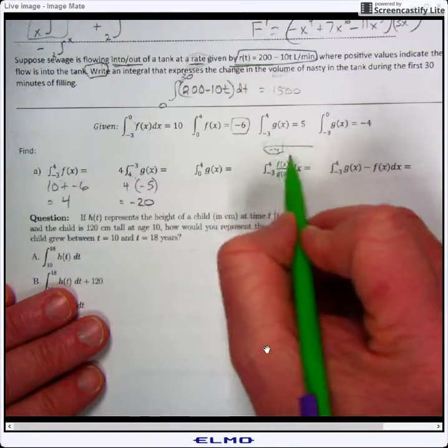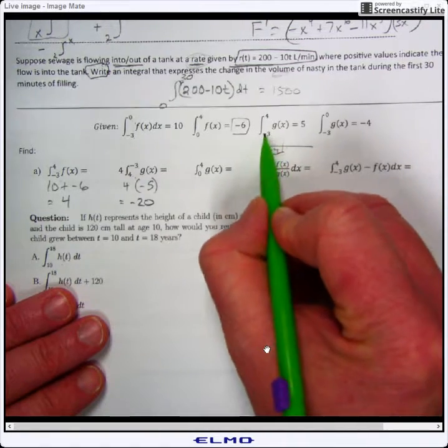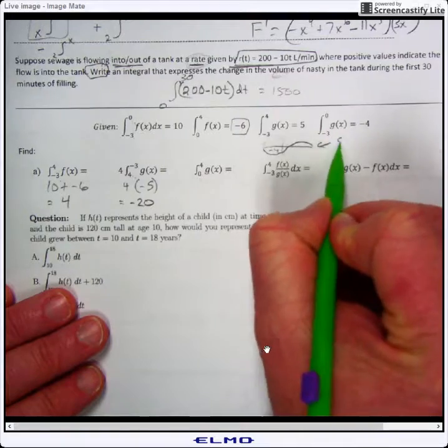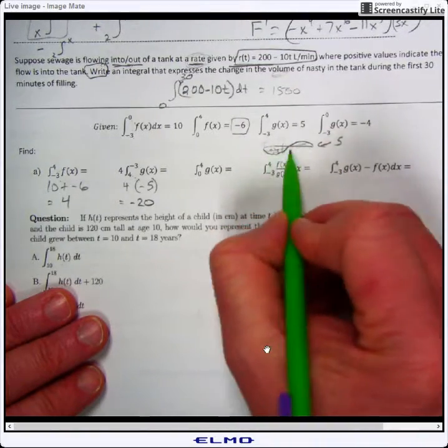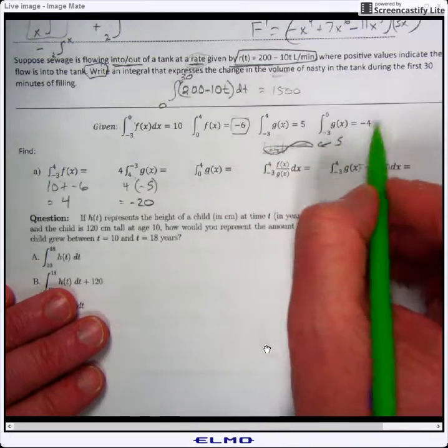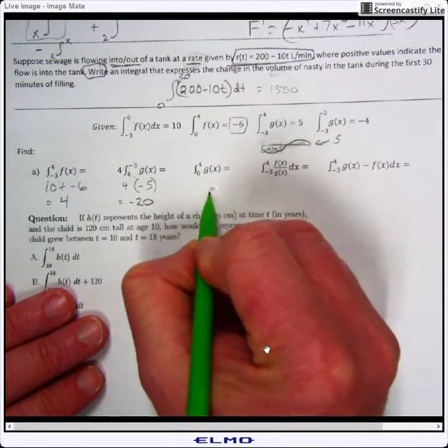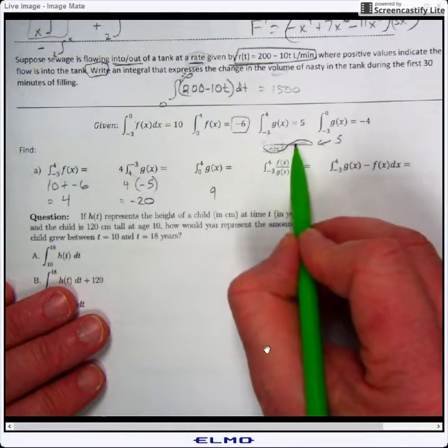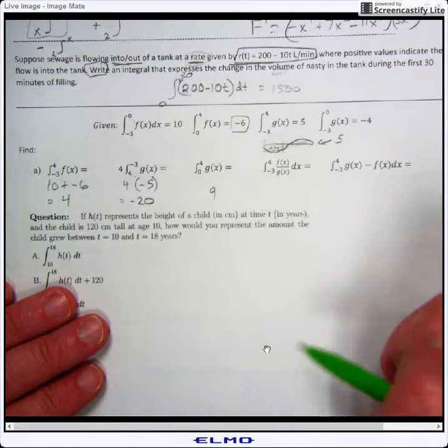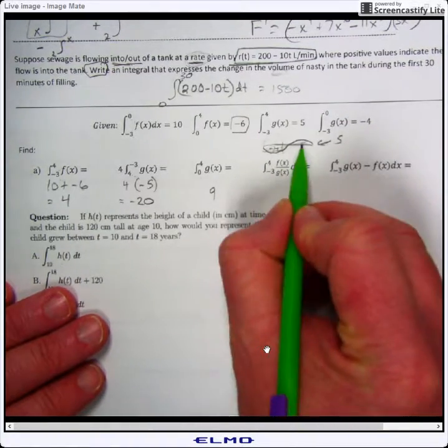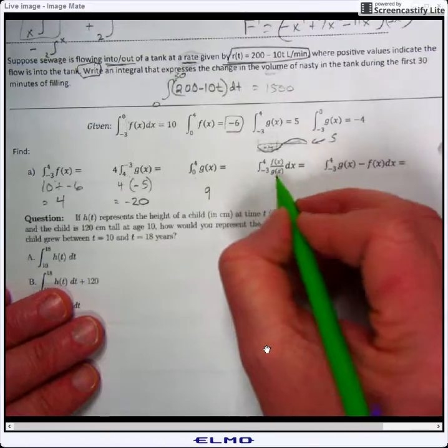I know from 0 to 4, because I know the whole interval here is positive 5. So in other words, the whole space is 5. I already have negative 4 for this part. I need something that makes me have a net of 5. So that would be actually 9. So let's double check. 9 minus 4 gives me that leftover 5. So this has to be 9 to make this equal to 5.